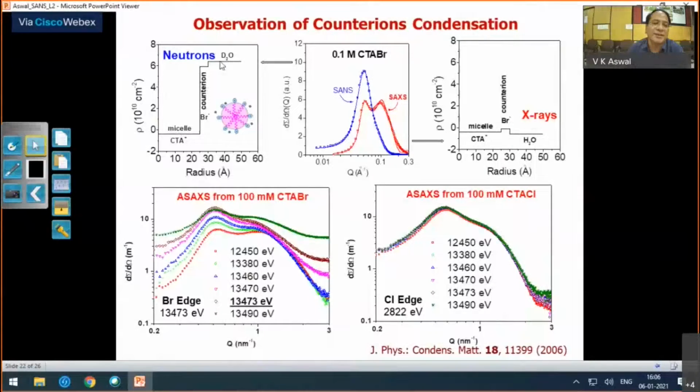In this case, this difference is maximum for the core, so that's why mostly the core is visible. But in the X-ray case, you can see you have clear contrast for the quinines compared to the medium and the core. So what is visible is the part coming from the condensed quinines, and that gives you the thickness. For example, in this case, it was found to be around 5 angstrom thick around the micelle.